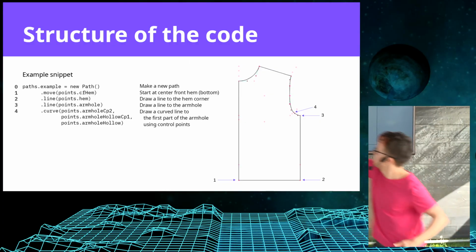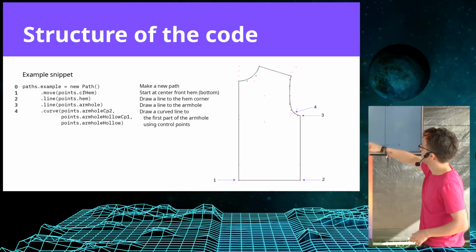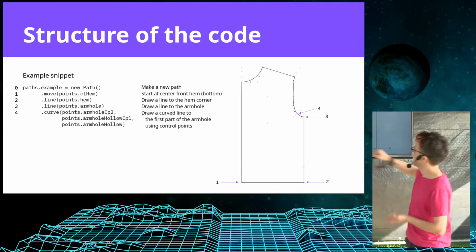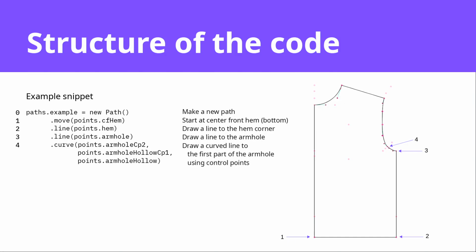So this is a code snippet. A FreeSewing pattern is based off of just points and lines, and then you have your pattern. This code snippet shows that we start here. These points are pre-made in the code, but I just want to show what the line looks like. It goes through here, and then we also have curved lines, Bezier curves, for the armhole and the neckline in this example.